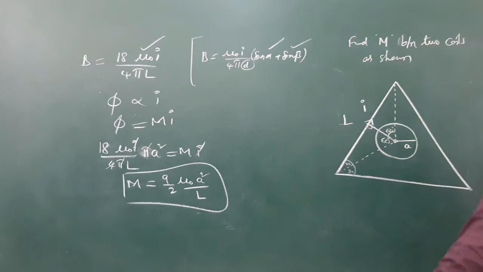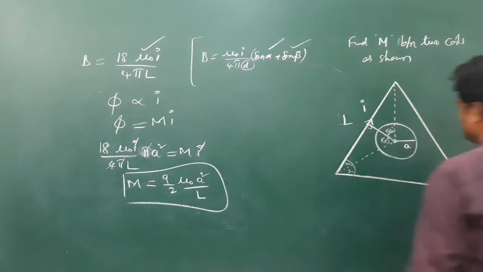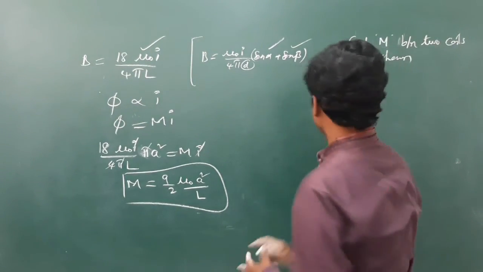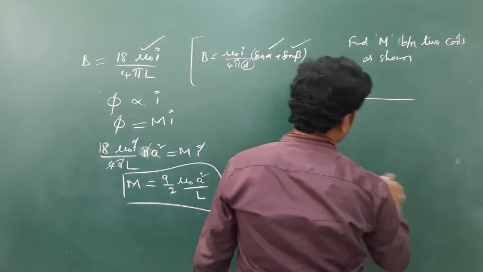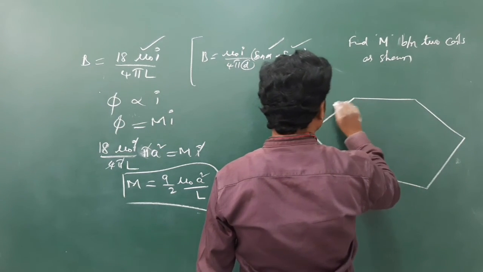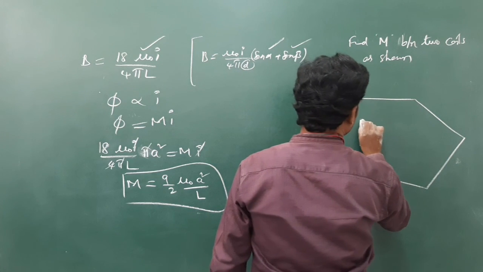Try hexagonal. So let us suppose they are given like this. These are very simple questions. Hexagonal whose side is L, current is I. Inside they placed a square.